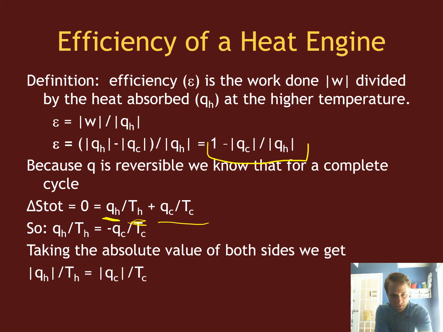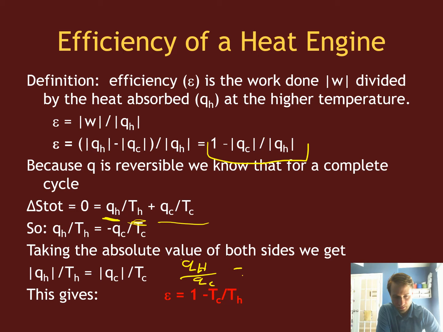in order to get this relationship between the hot and cold heat transfers, and I can write Q_H over Q_C equals T_C over T_H, absolute value of these heats on the left.